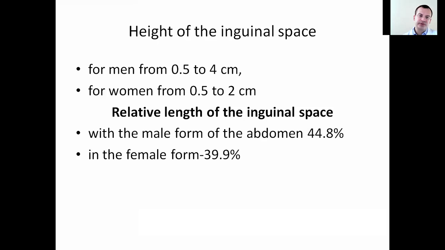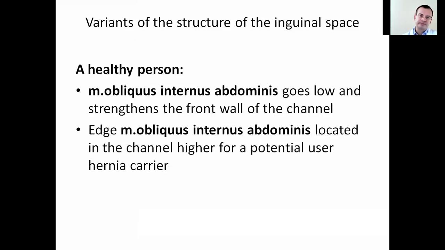Height of the inguinal space for men is from 1/2 to 4 centimeters, for women from 1/2 to 2 centimeters. Relative length of the inguinal space for the male form is 44%, for the female form 39%.